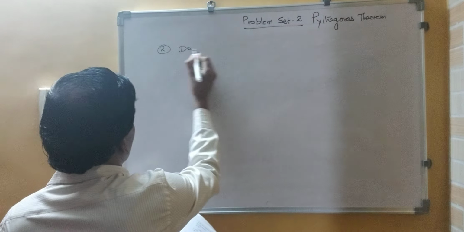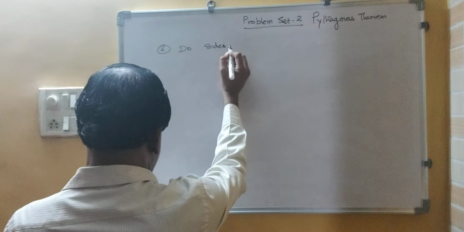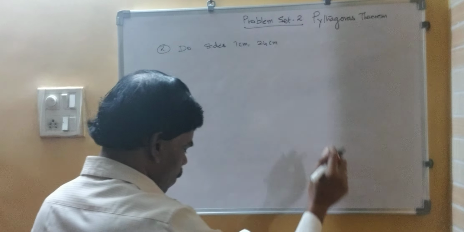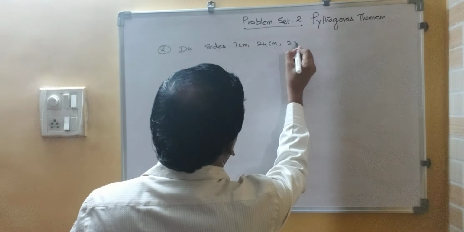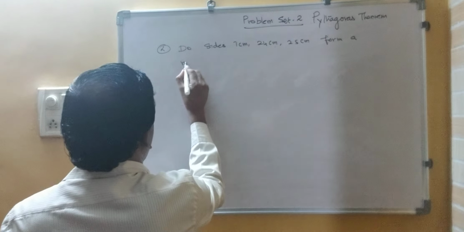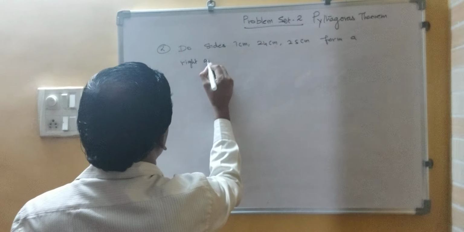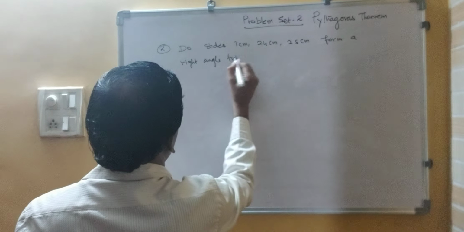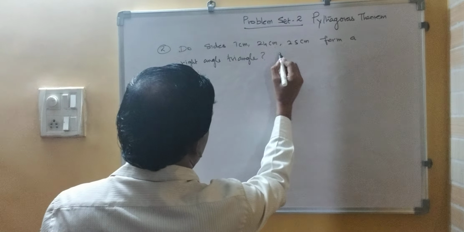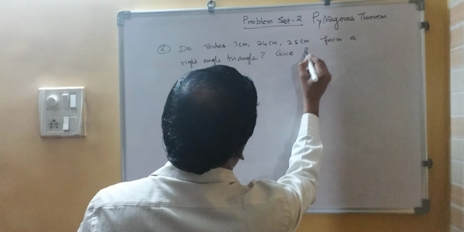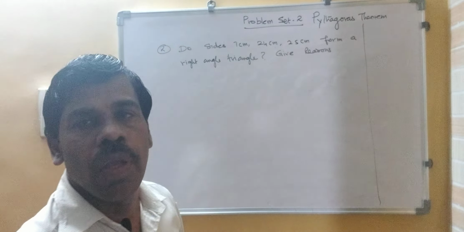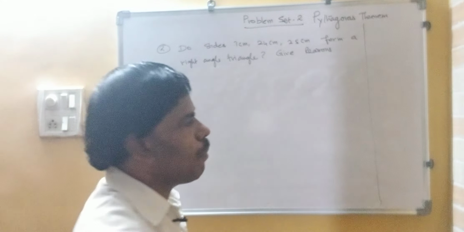Do sides 7 centimeter, 24 centimeter, 25 centimeter form a right angle triangle? Give reason. So, we have seen Pythagoras triplets.